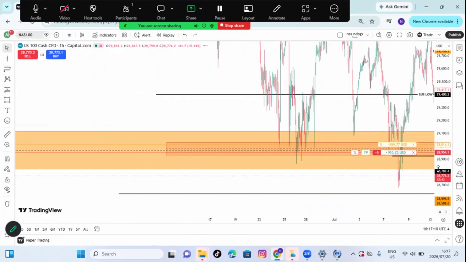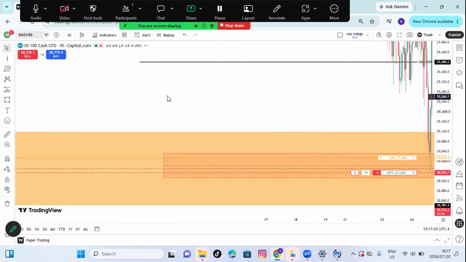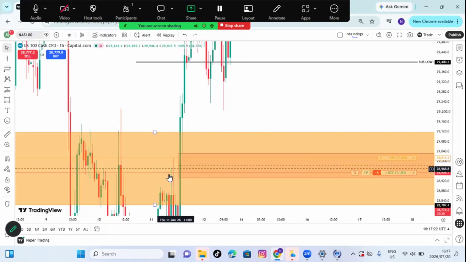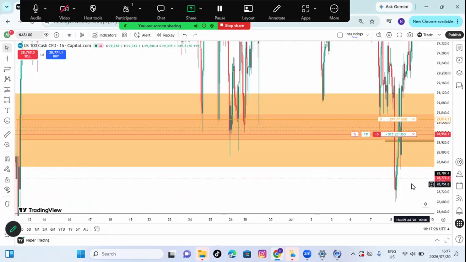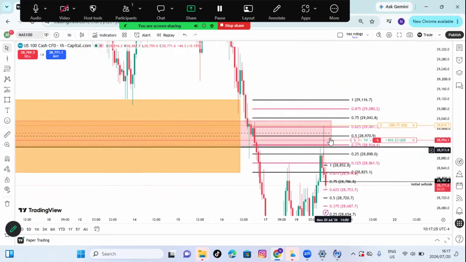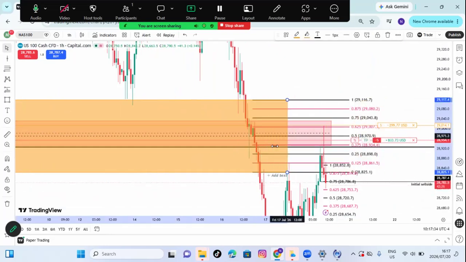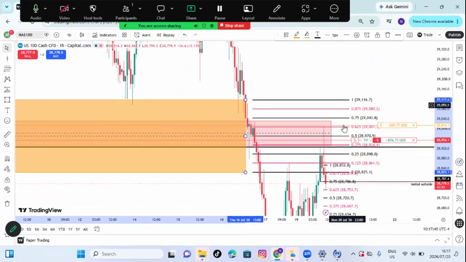Let me show you. You see this? It's what we are looking at here in terms of the 1 hour. And then in terms of the daily, we are looking at this. You don't see this because it's represented only by the fib here.